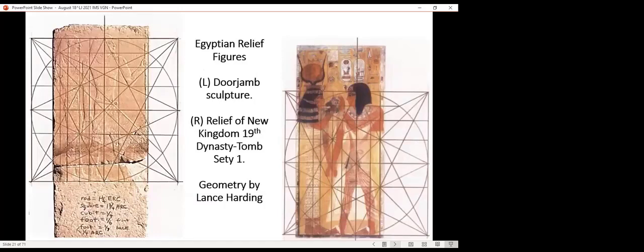Here are two Egyptian relief figures, the Dorjan sculpture on the left, and a relief of the New Kingdom 19th Dynasty tomb, Seti I, on the right. Here again, incorporating two figures within the same geometry.